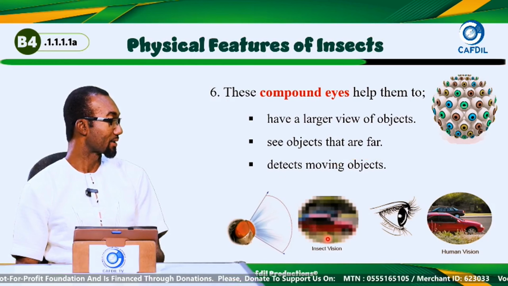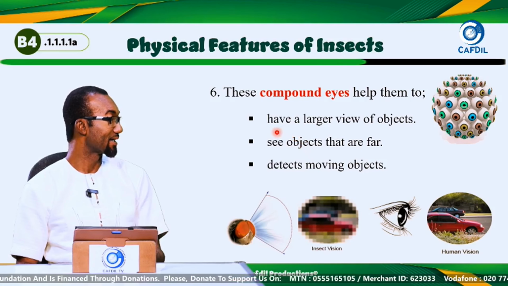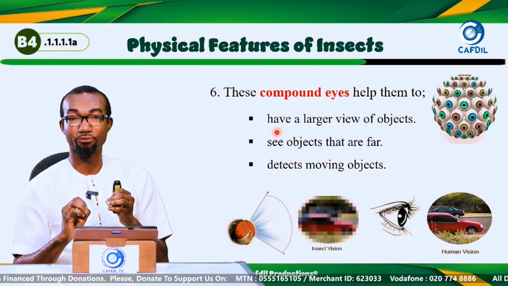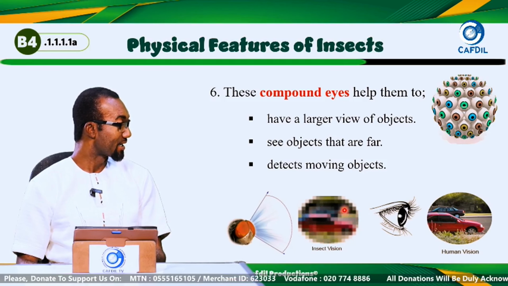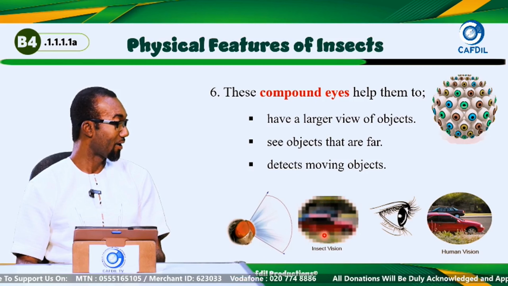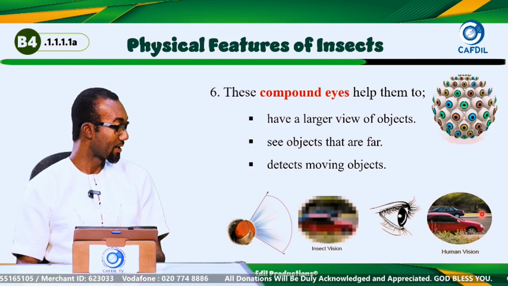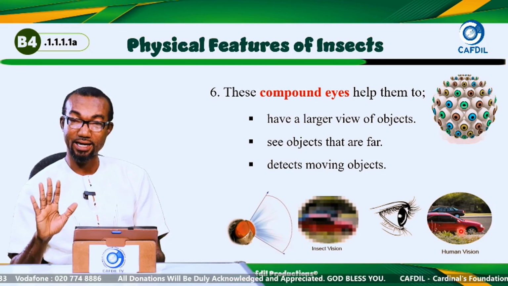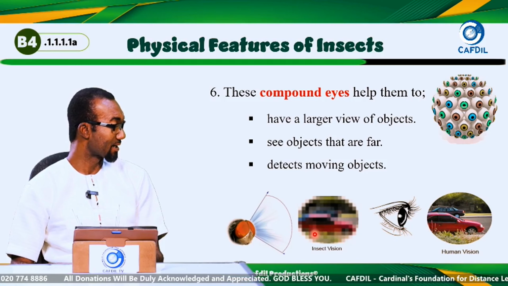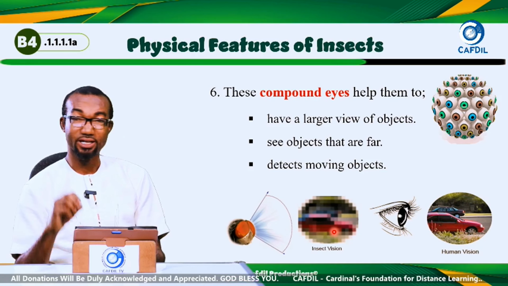And if you look at the first one, we said that it helps them to have a larger view of objects, meaning that the larger view, this is the vision of the insect. This is how the eye of insects sees things. It's the same car. Look at how our normal eye sees the car, very clear and sharp. And look at how insects see with that compound eye.